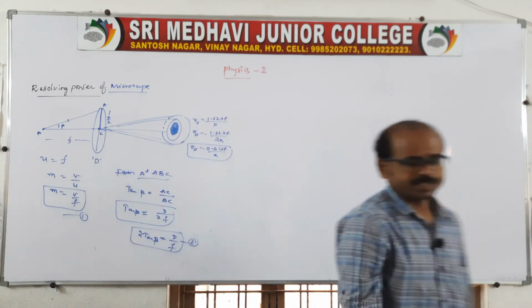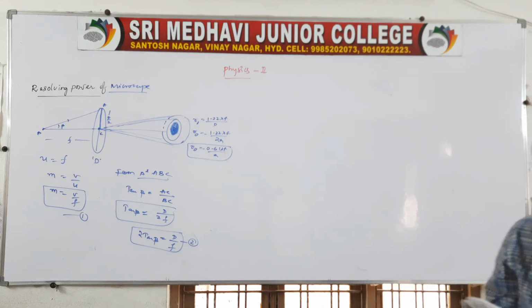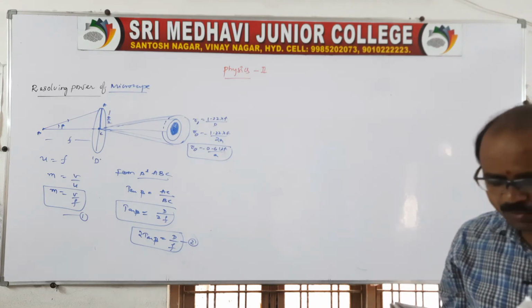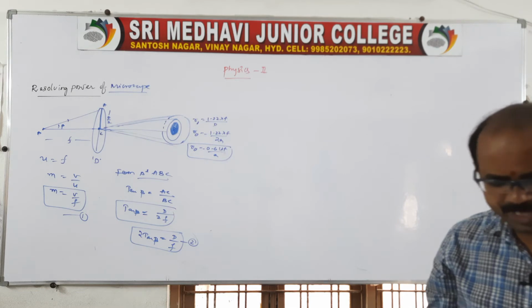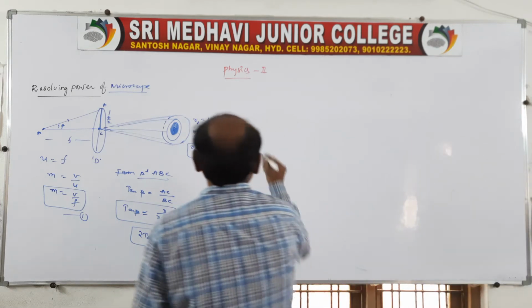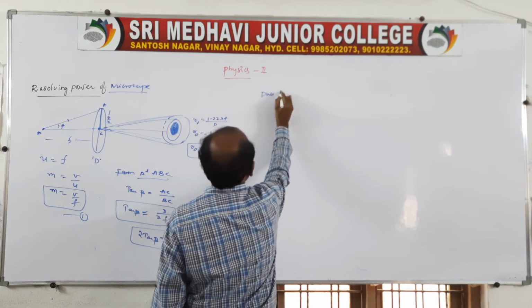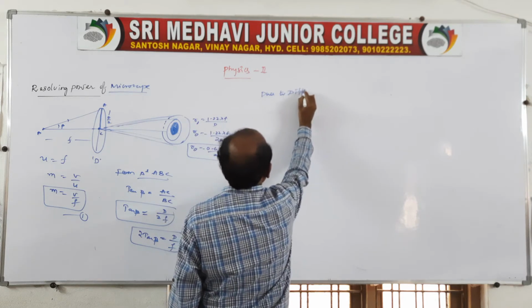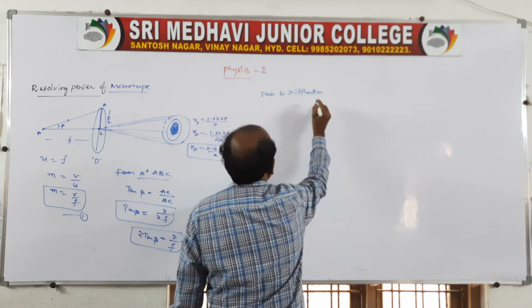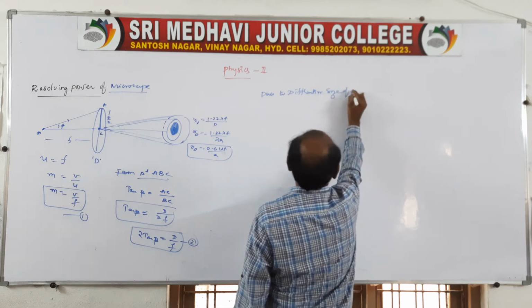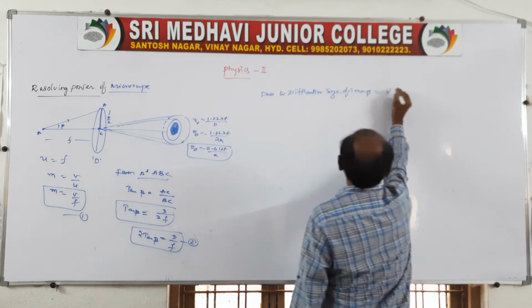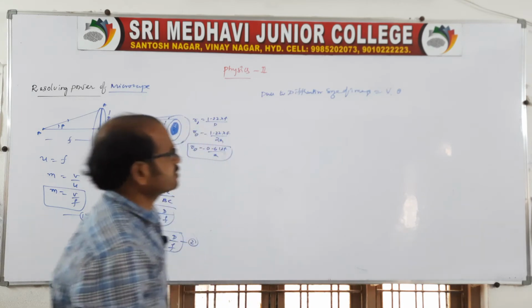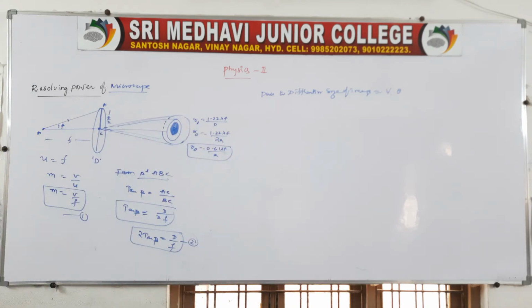Now, due to the diffraction pattern, the size of the image is equal to v into theta. Here v is the distance at which the image is formed, and theta is the angular dispersion, or angular size.